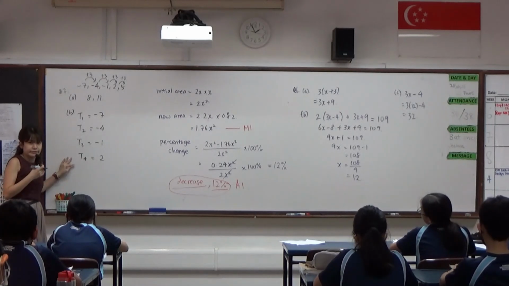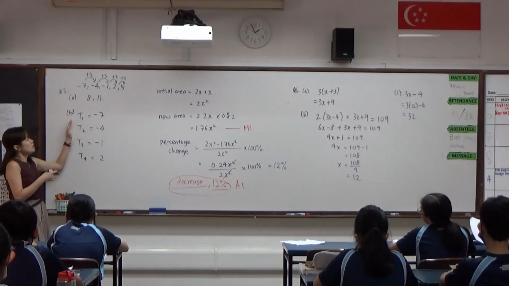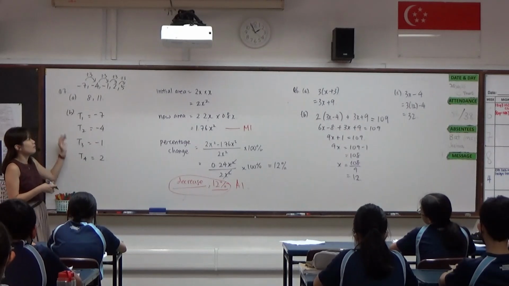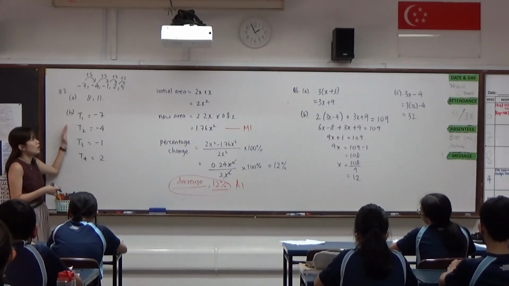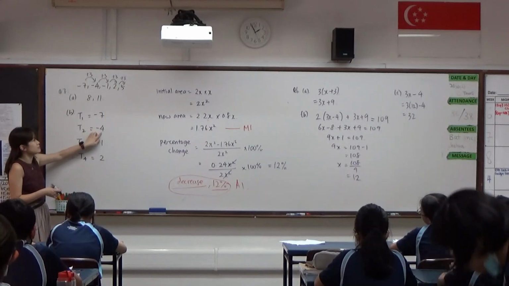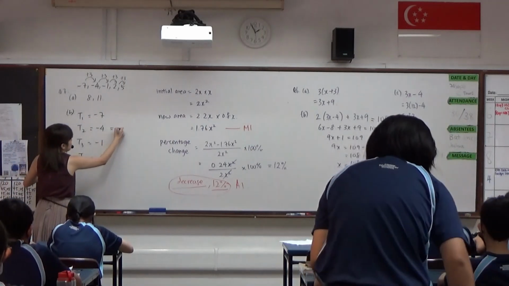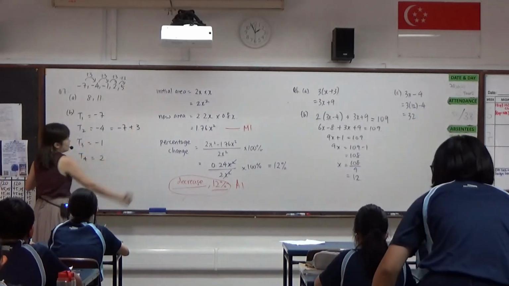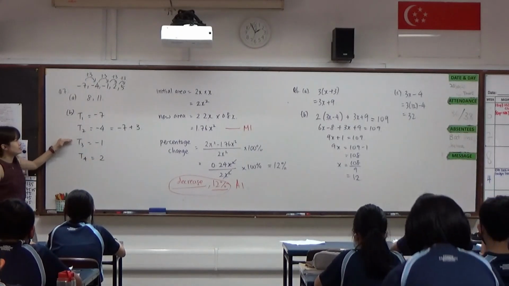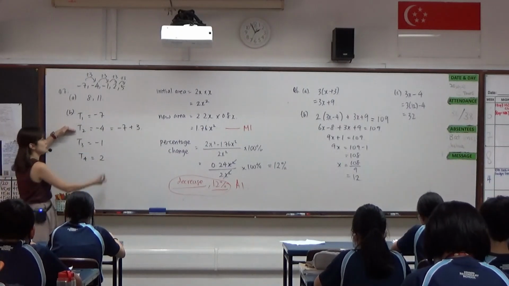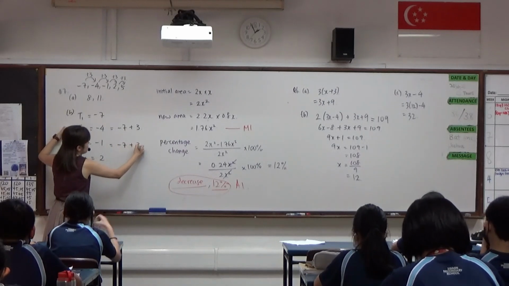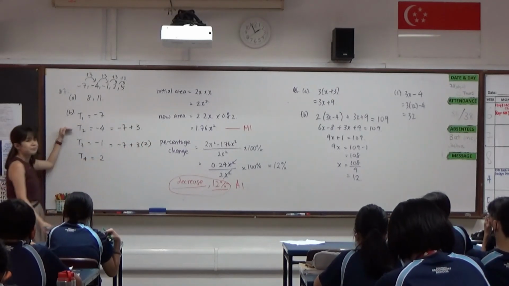So for these first 4 terms, we need to recognize the pattern going on. We know that the second term is taking the first one plus 3. Then the third one is to take the second one plus another 3, so in the end we are having 2 of the 3's.